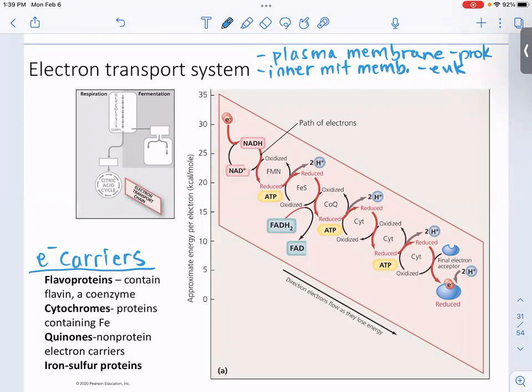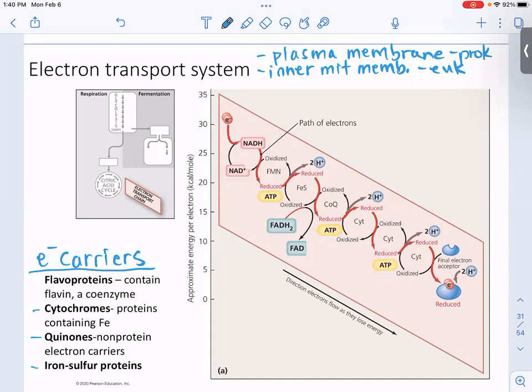Some organisms will have different carriers than other organisms, but this is an example of the kinds of molecules that we see: flavoproteins, cytochromes, quinones, iron sulfur proteins. These are all molecules that can switch really easily from an oxidized form to a reduced form. They can switch back and forth.